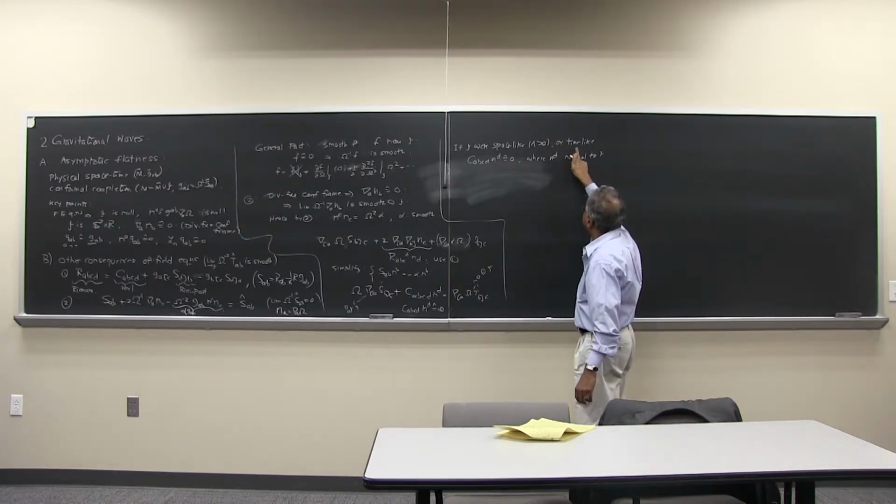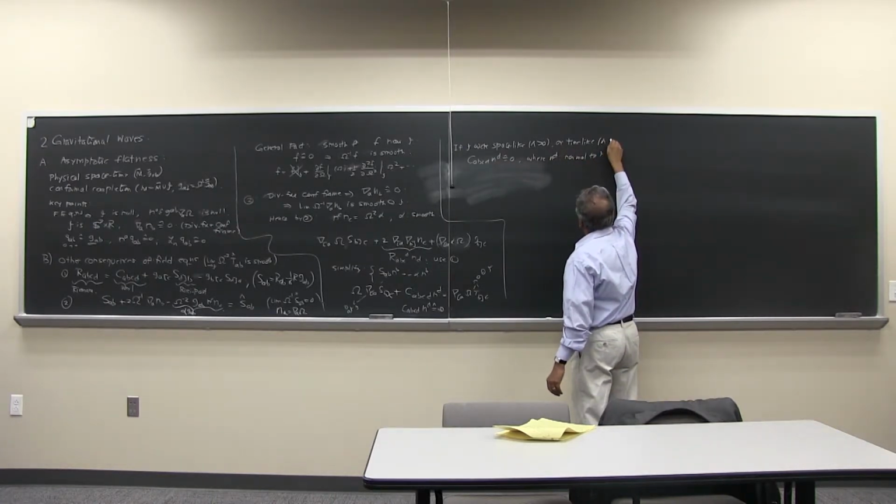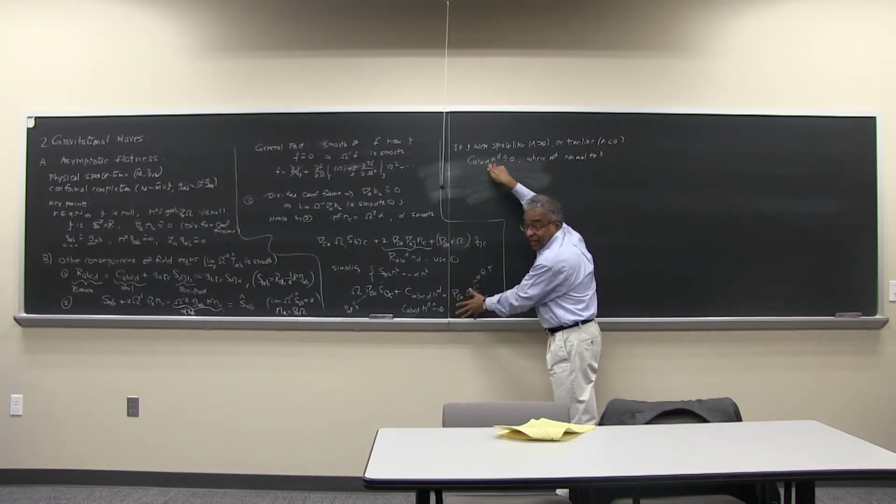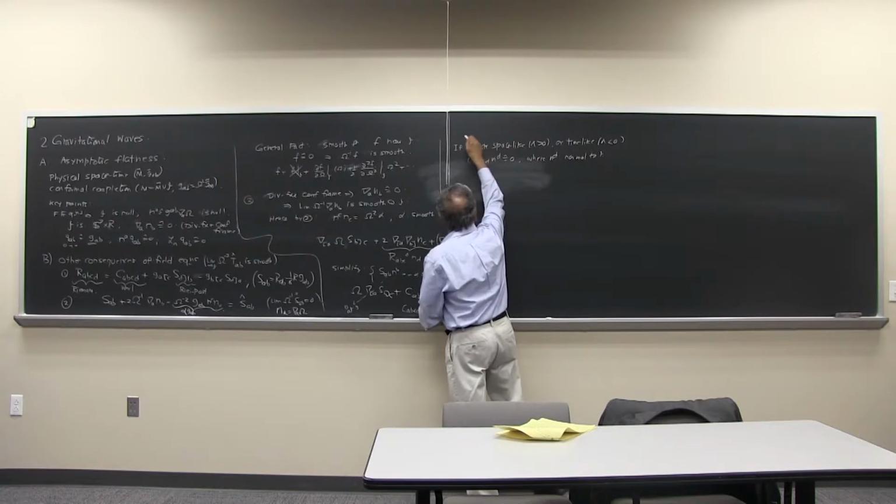If scri were time-like, then n will be space-like. Okay. In our case, n is null. So I'm just making a side remark up here.